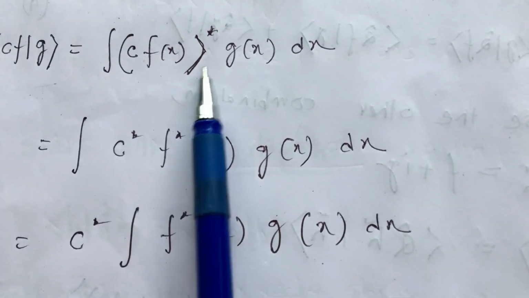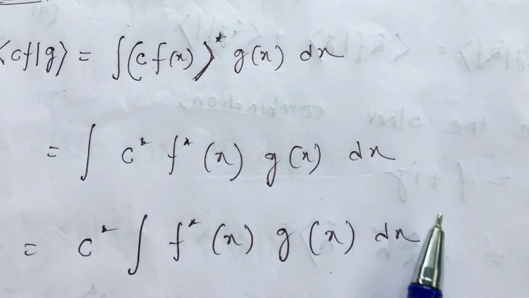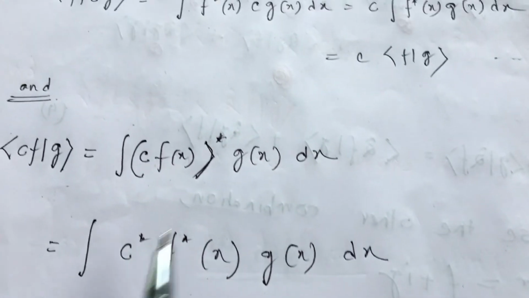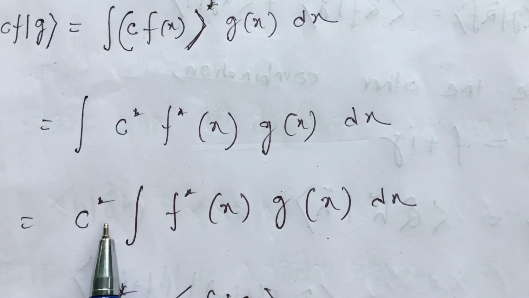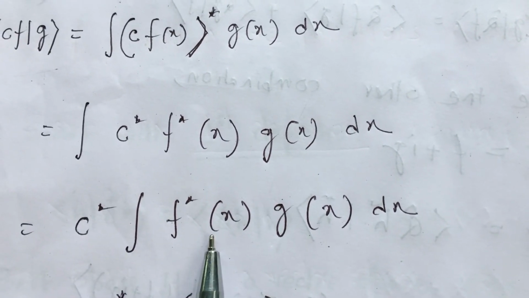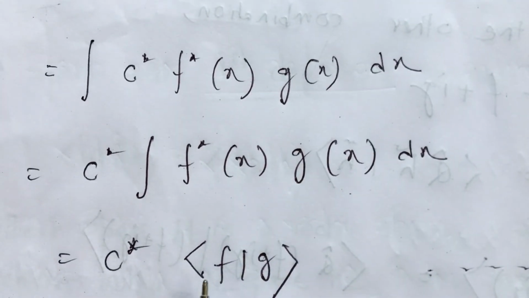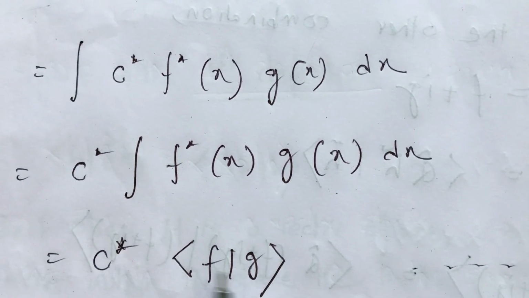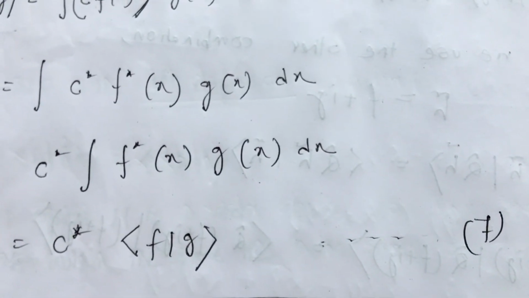So this can be written as the integral of C star f star(x) g(x) dx. C star is just the complex conjugate of C, so it can be taken outside. I am left within the integration with f star(x) and g(x), which can be written in Dirac notation as the scalar product of f and g, with C star outside. This is my equation 7.